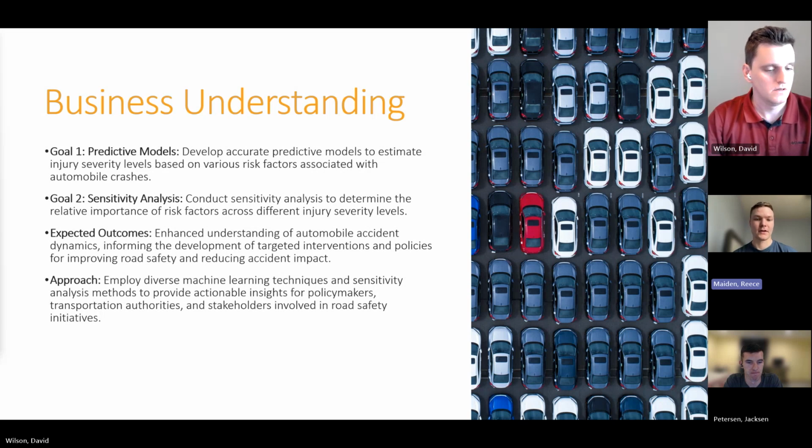Our expected outcomes are to enhance the understanding of automobile accident dynamics and inform the development of targeted strategies and policies for improving road safety. And we're going to do this by employing machine learning techniques and sensitivity analysis to determine the most important factors and then use those factors to develop those targeted strategies or campaigns.